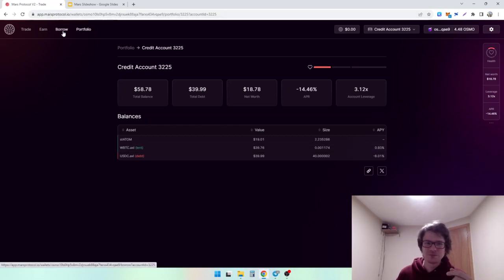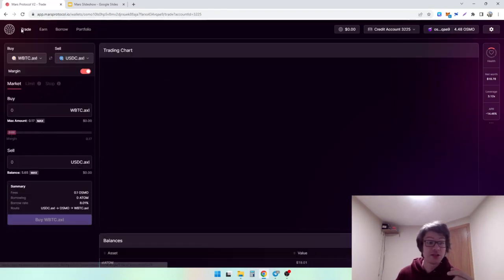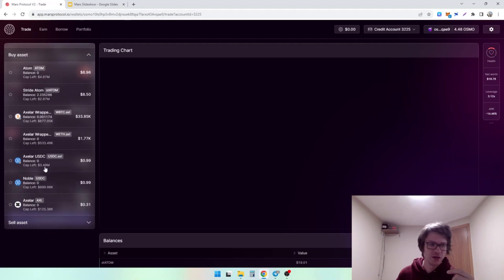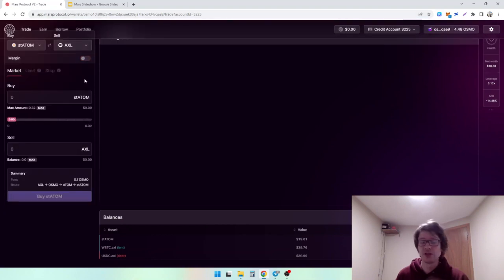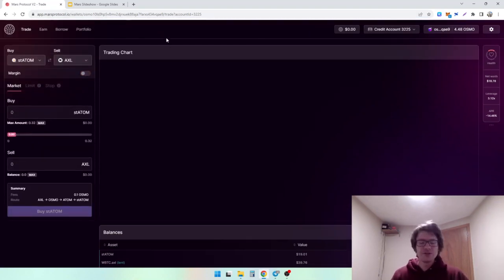So there you go. And now at any time, we could take our WBTC and swap it to Osmo, or we could take our Stride Atom, ST Atom, and swap it to whatever we want, to Axelar. You can do all of this swapping.